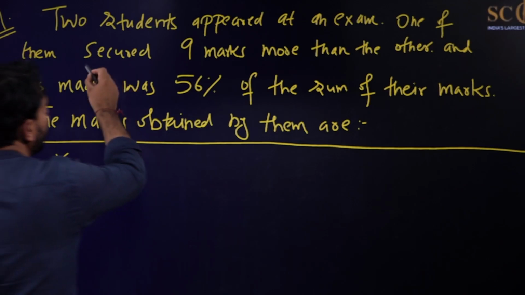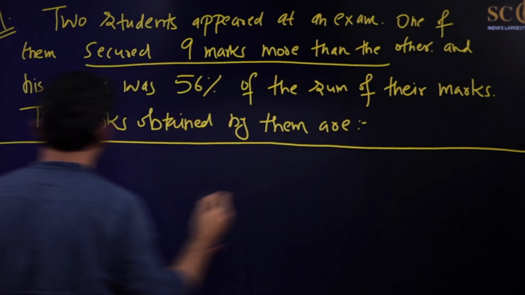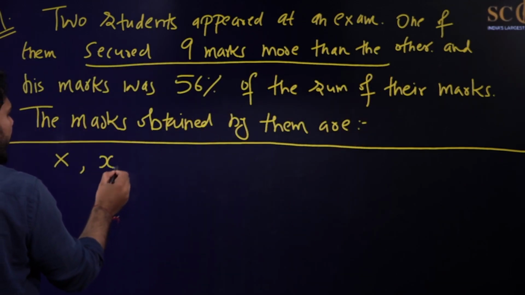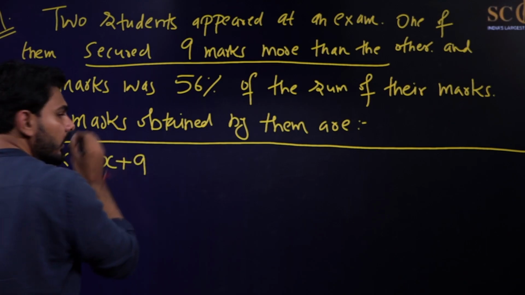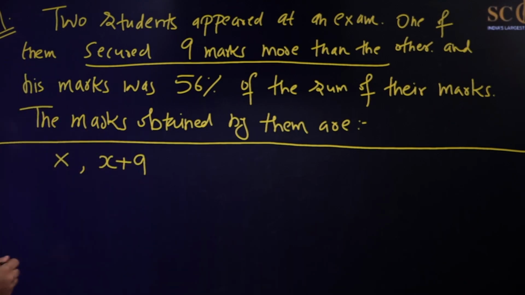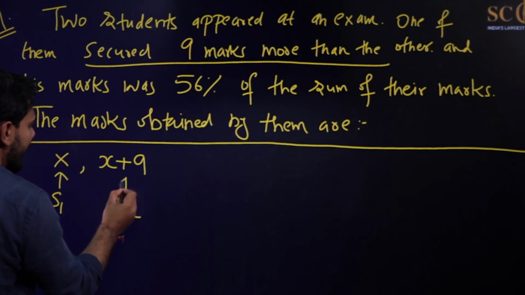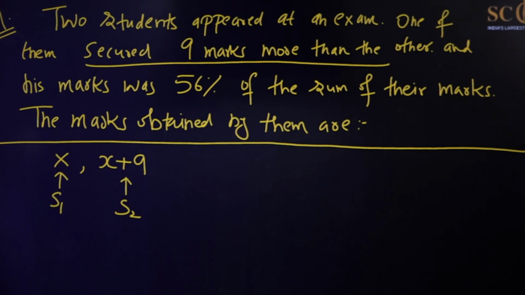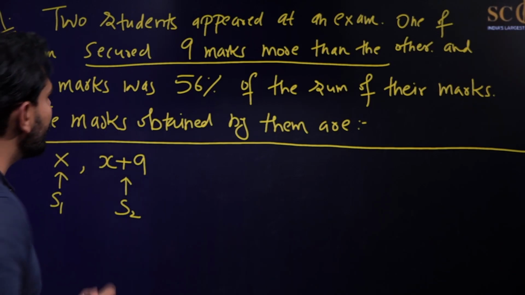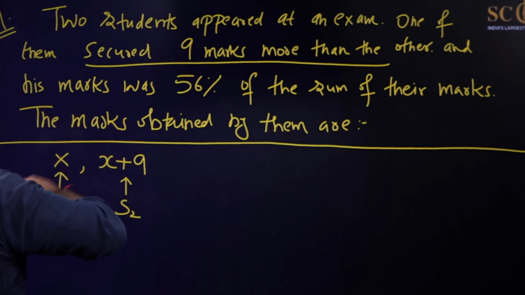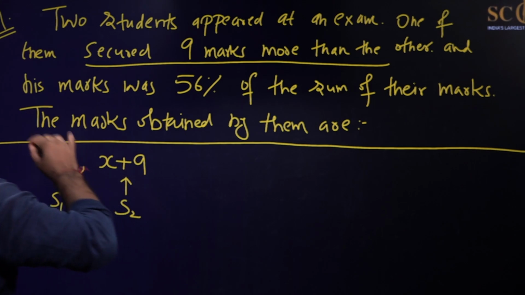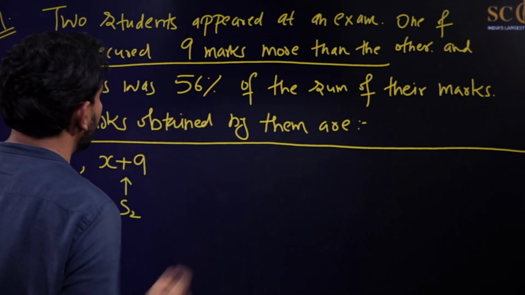If one student is getting X marks, what will be the marks obtained by the other student? It will be X plus 9, because the other student is getting 9 marks more. I hope this much is clear. Now it has also been given that his marks were 56% of the sum of their marks.